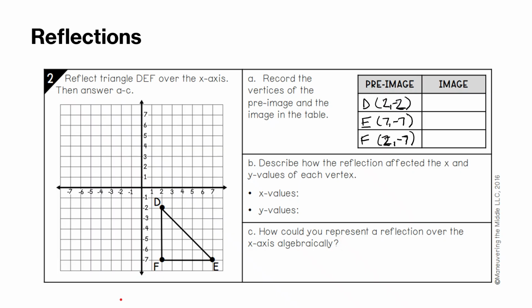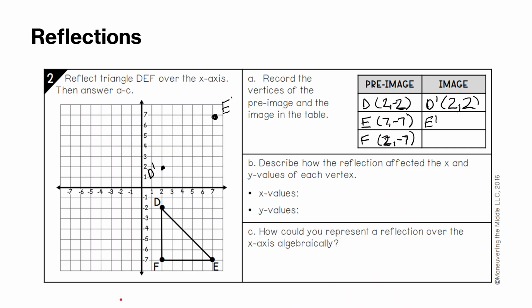So your points should be the same distance from the x-axis, but instead of down, they should be up. So D is 2 down, so we're going to make D prime 2 up. So my new coordinates are 2, 2. E is 7 down, so we're going to go 7 up.